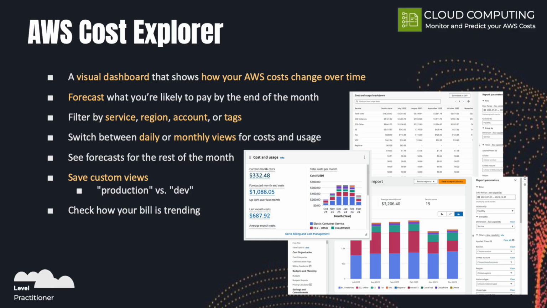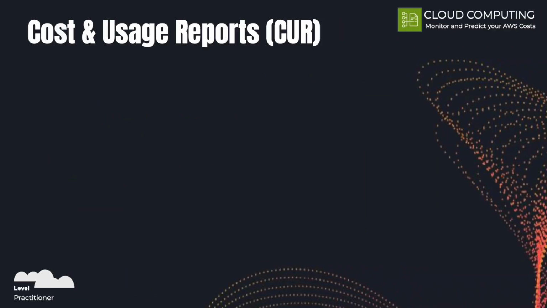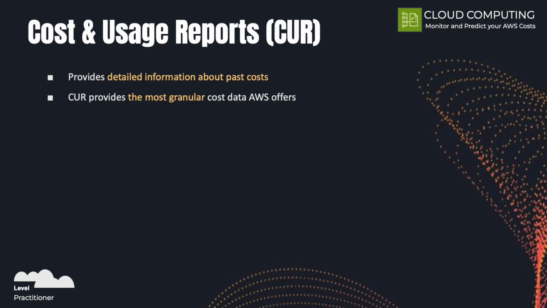Now, AWS Cost Explorer is great for visibility and trending, but if you need really detailed historical data and line item level analysis, that's where the final stage comes in, which is AWS Cost and Usage Reports. This service is often called CUR. CUR provides the most granular cost data that AWS can offer.